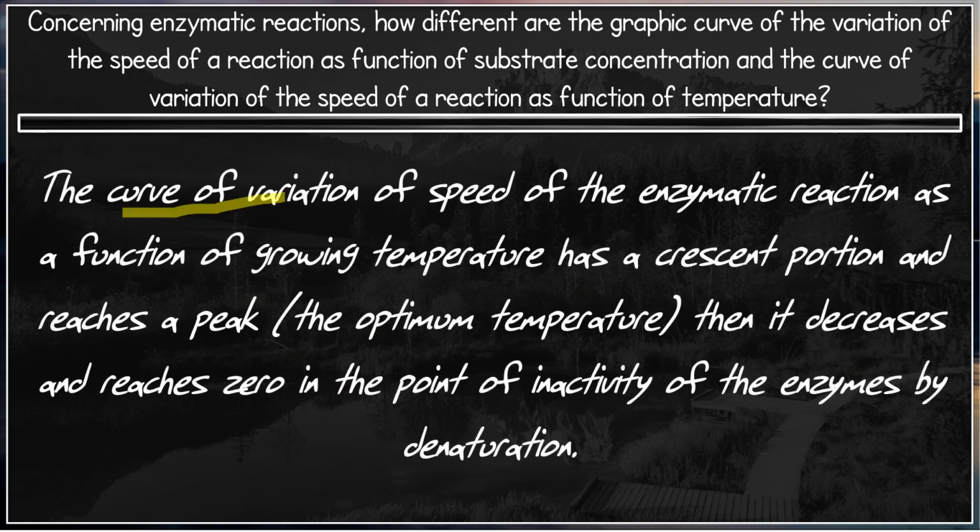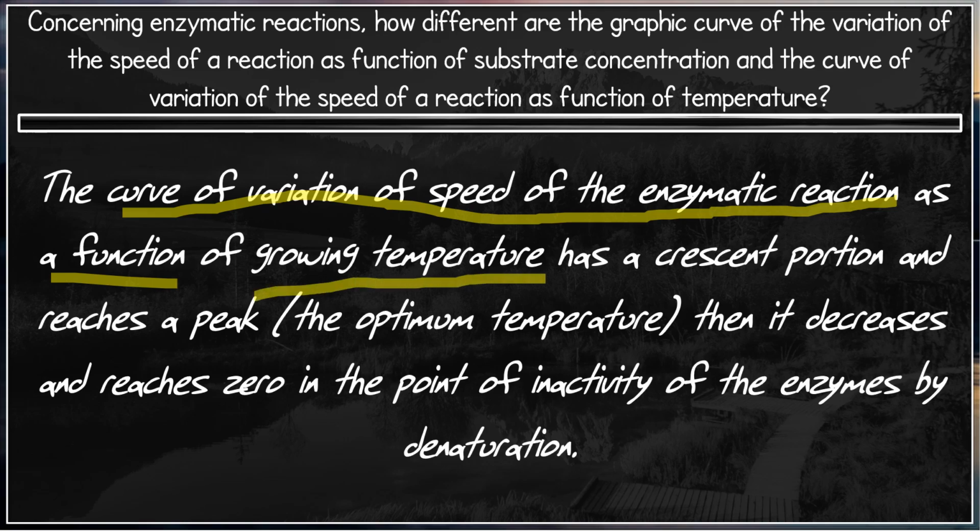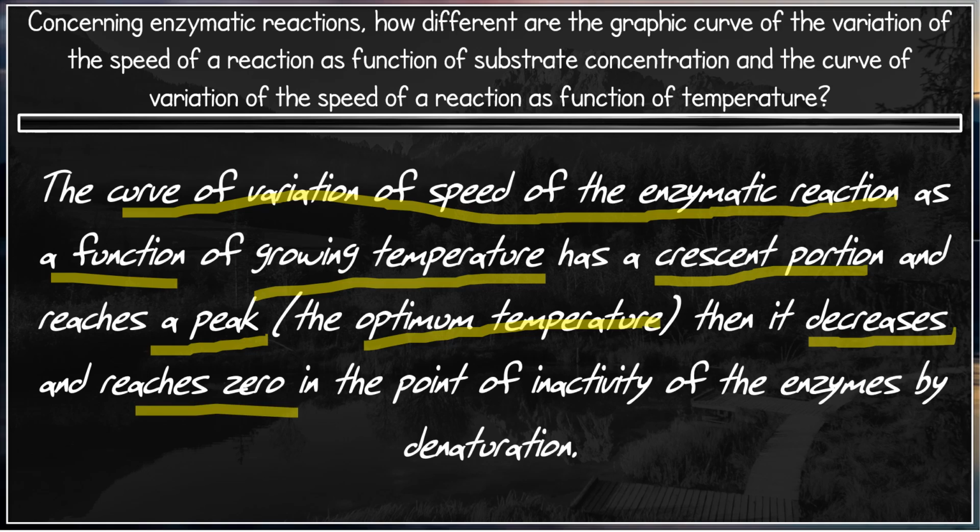The curve of variation of speed of enzymatic reaction as a function of growing temperature has a crescent portion and reaches a peak, which we call the optimum temperature. Then it decreases and reaches zero, the point of inactivity of the enzyme by denaturation.